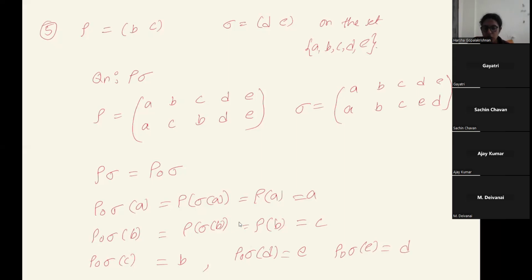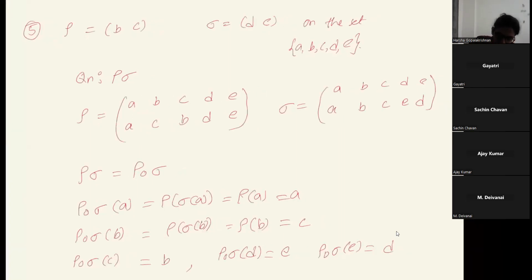How are we writing all this composition? It is just taking the composition of the permutations. It is the same as function composition. So we are getting all the images of A, B, C, D, and E. Let us write rho composite sigma.